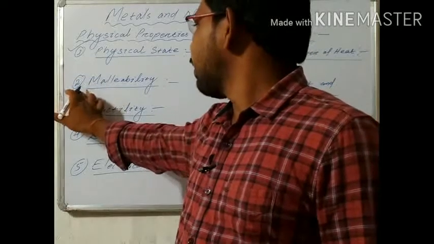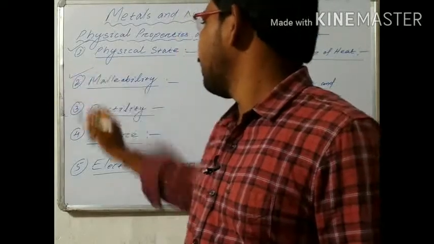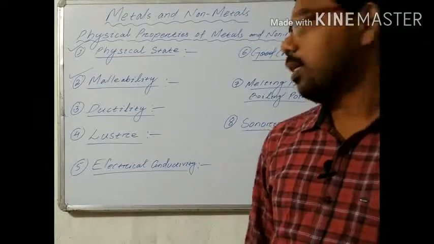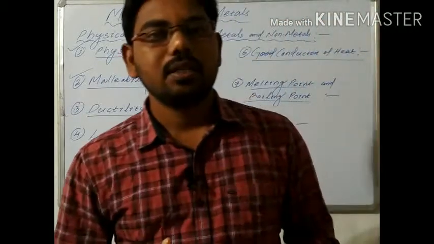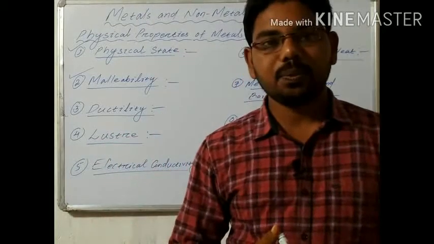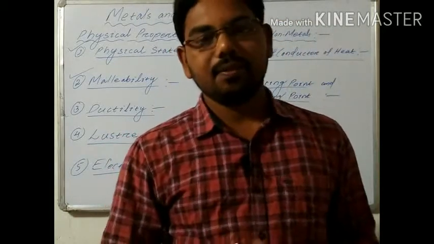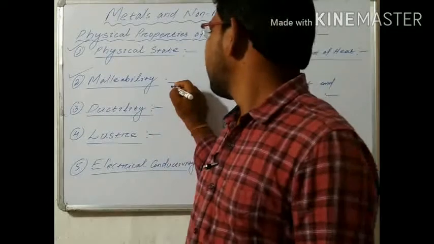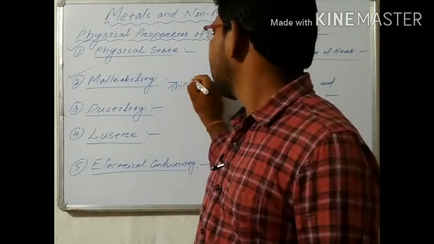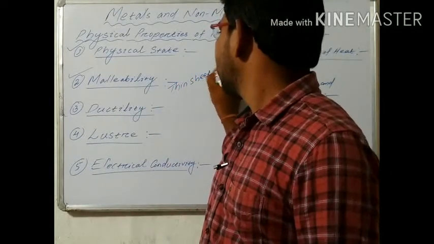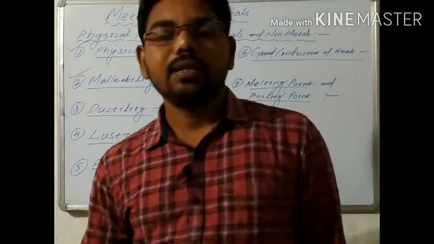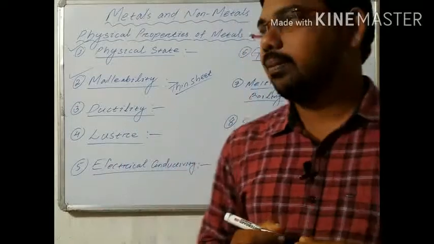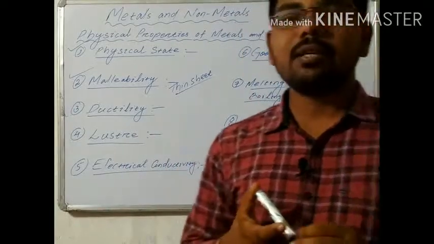Next is malleability. It is a most important property. What is malleability? It is the property by which metals can be changed into thin sheets by hammering or striking. Most metals are malleable.